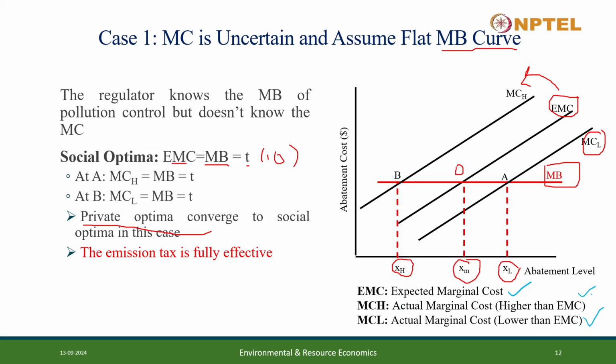When the marginal benefit (MB) is flat, in all the cases, point A, point B, the private optima and social optima converge. Therefore, the emission tax system is fully effective when MB is flat.